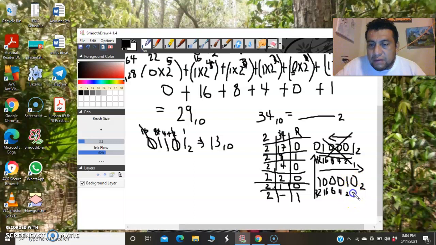Anything with a 0 won't even matter. To add, only the ones with the 1: that is 32, plus the other one with the 1 is 2. 32 and 2 gives me 34. So therefore my conversion is correct.